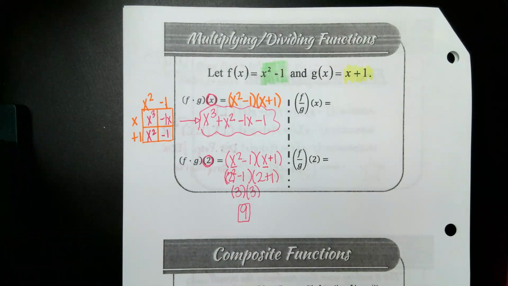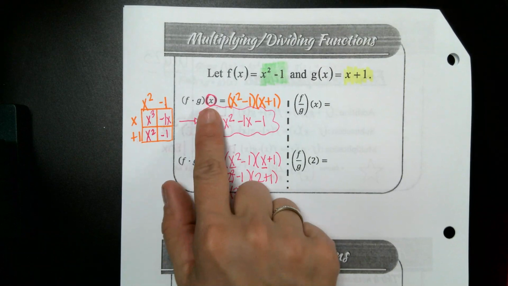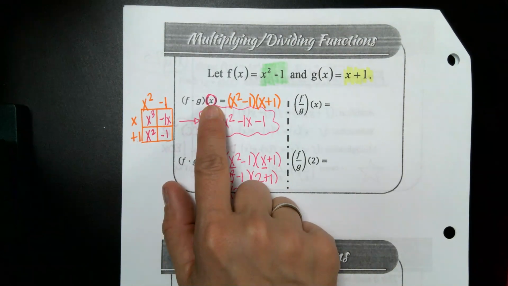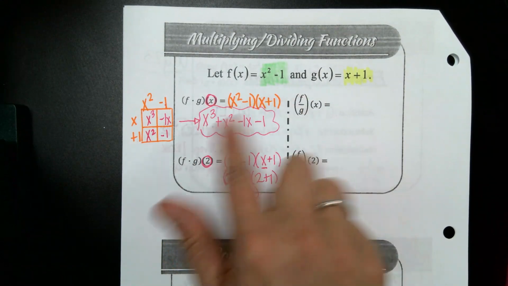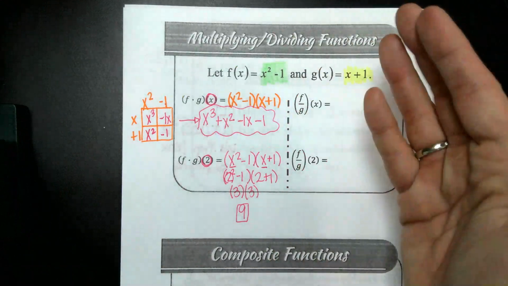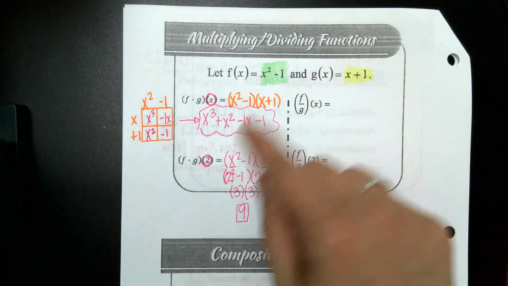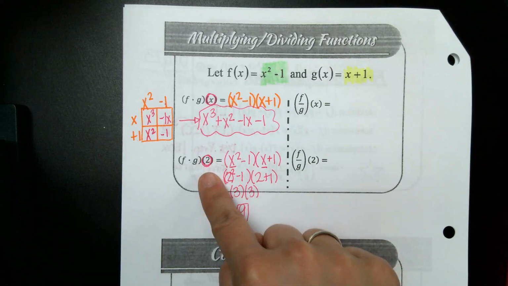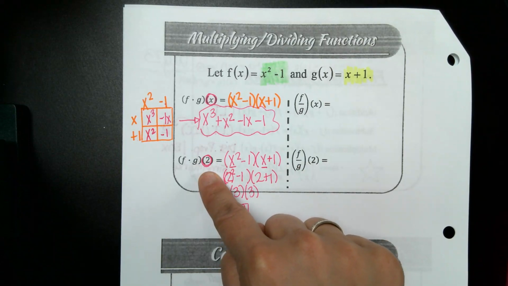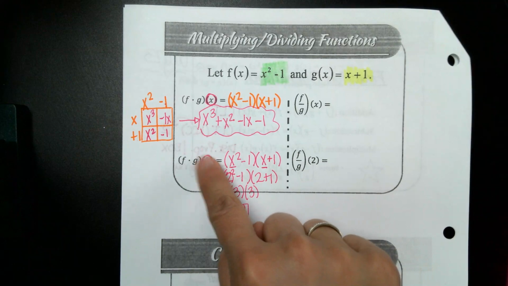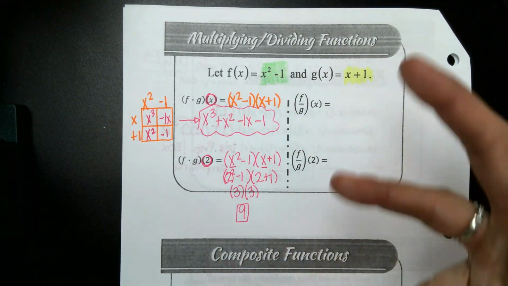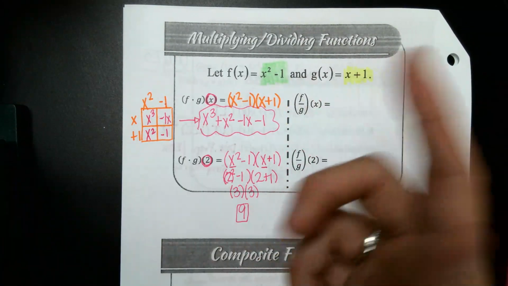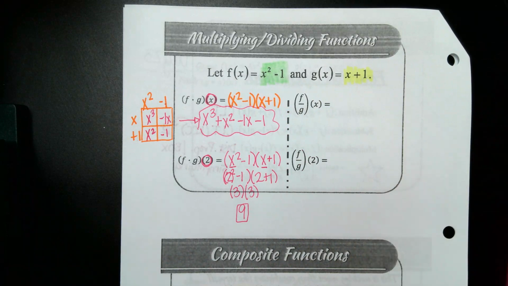Okay? So this is what I want you guys to understand. If you guys are doing these function operations, and you see a letter x right here, they want you to leave your answer in terms of x. However, if right here you guys see a number instead of the letter x, you are just going to plug that number in wherever you see the letter x and then do what the operation says. Okay, so sometimes they give you a number to plug in and sometimes they don't.